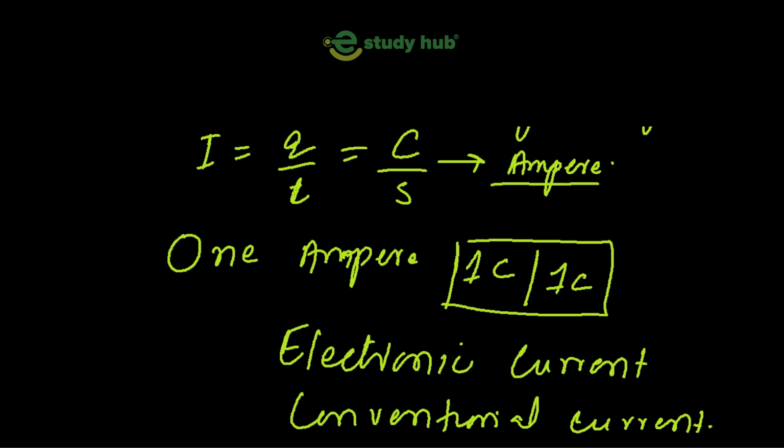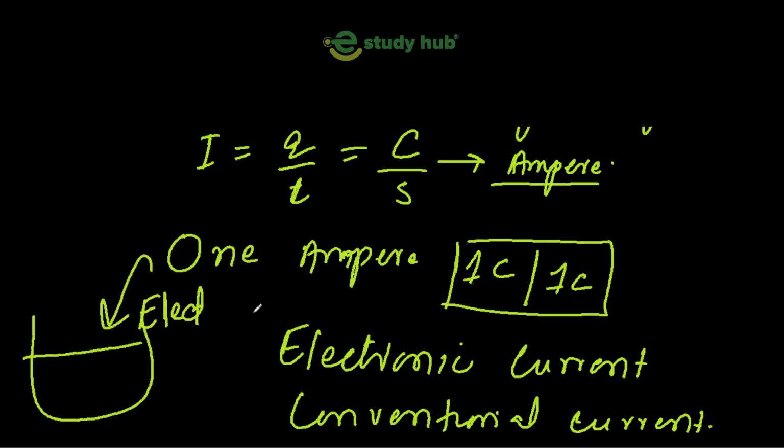Now it is not so that conventional current is always wrong. In a solution, let's say this is water and I add some electrolyte in it. What is an electrolyte? Any substance which conducts electricity in molten state is called an electrolyte, like NaCl. When I dissolve NaCl in water, it separates into sodium positive ions and chlorine negative ions.